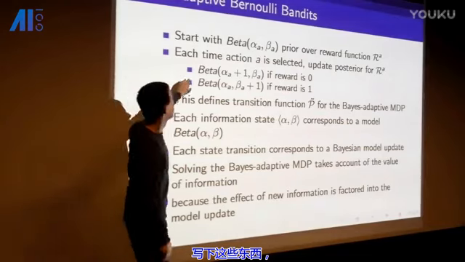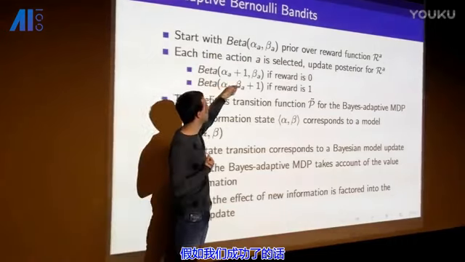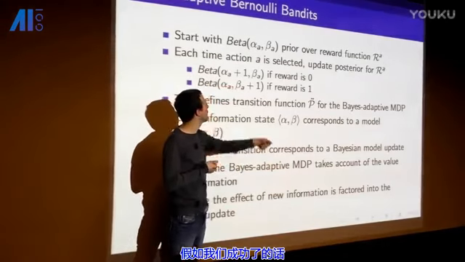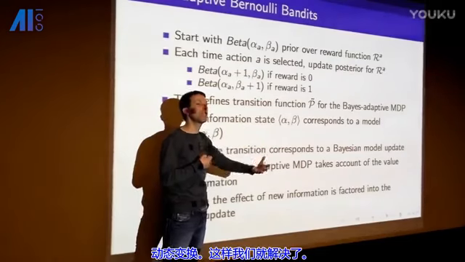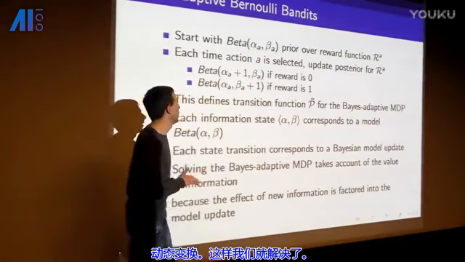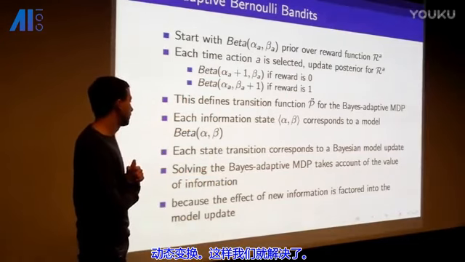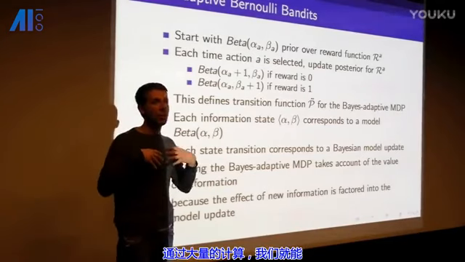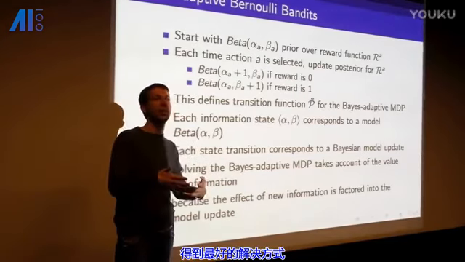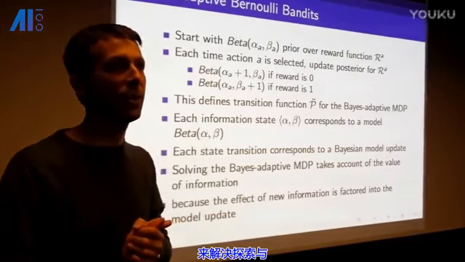Just by writing down the fact that if we succeed, then we'll increase our success count by 1, we've defined the transition dynamics of our MDP. And we solve for that MDP. Okay. So this is the Bayes adaptive approach. It's a way to, with a lot of computation, get the optimal solution to the exploration-exploitation dilemma.